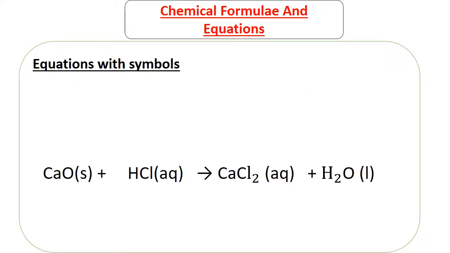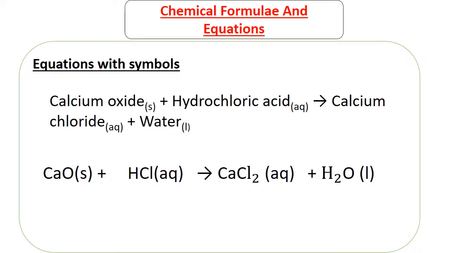Finally, let's take a look at calcium oxide plus hydrochloric acid, which produces calcium chloride plus water. Calcium oxide is CaO, hydrochloric acid is HCl. This is a strange one. How do you come up with the chemical formula? Anyway, this one is one of those which you need to know.